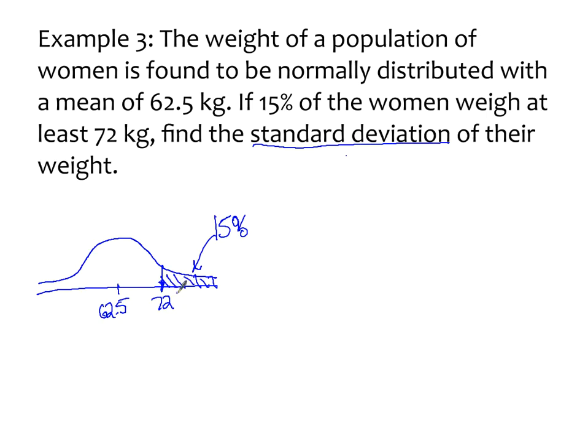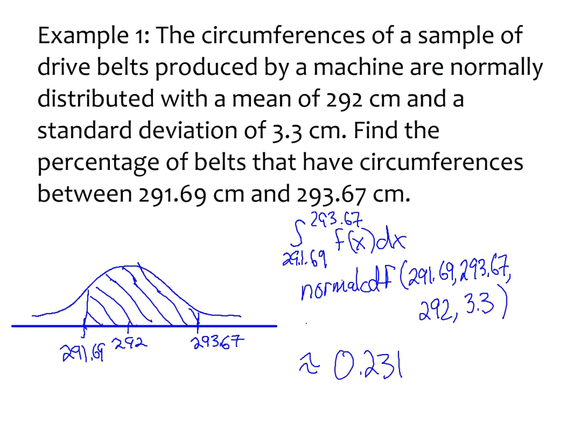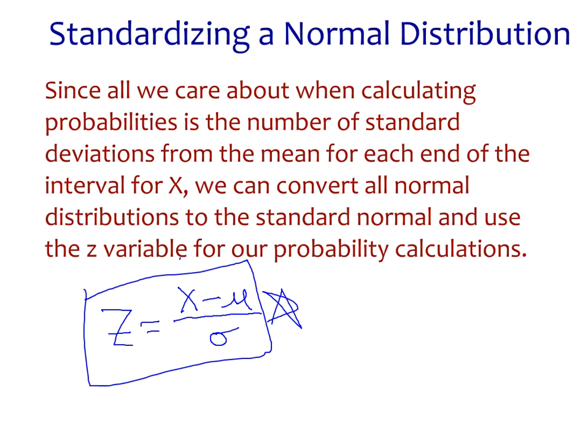Well, the way that we do it is we think back, do we have any relationships, of course, that include the standard deviation as one of the variables? And the answer to that is yes, we do. And this is why we care about, right? This relationship between the value of x, a particular value of x, the mean, the standard deviation, and the z-score.